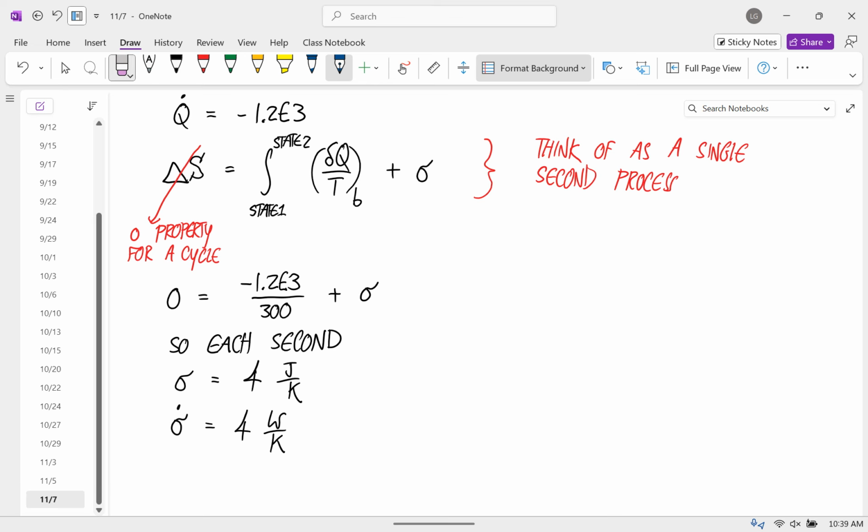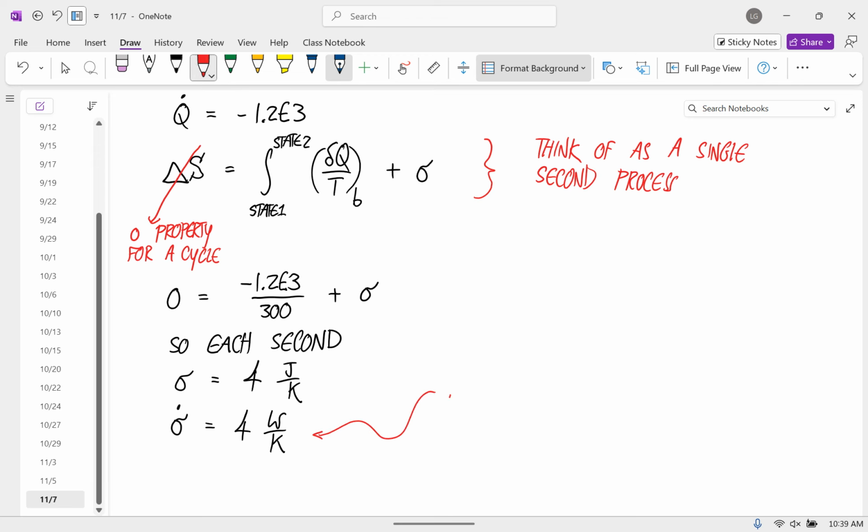Okay, so that value is a really important thing when you're designing a system. Say you're an industrial engineer and you're trying to figure out where your inefficiencies are coming from. You can do this calculation for all your processes, find out where entropy is being produced, and those are the candidates for reductions in inefficiencies. The bigger that value is, the more of a candidate something is.